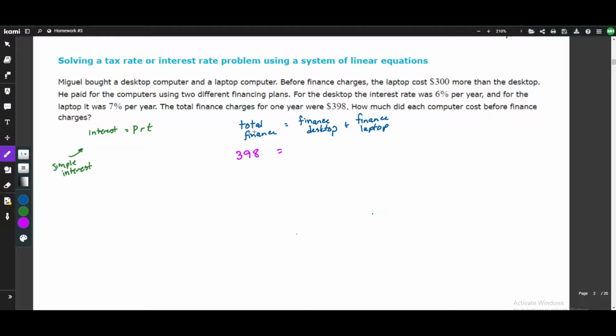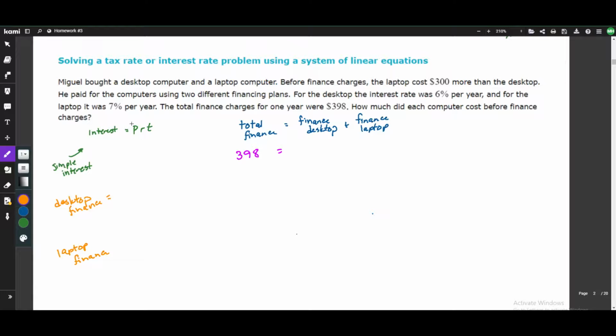And I'm going to be using my formula for my finance of the desktop. So I'm going to put that over here. So I have my desktop, and I have my laptop finance. And this is where I'm using that formula.